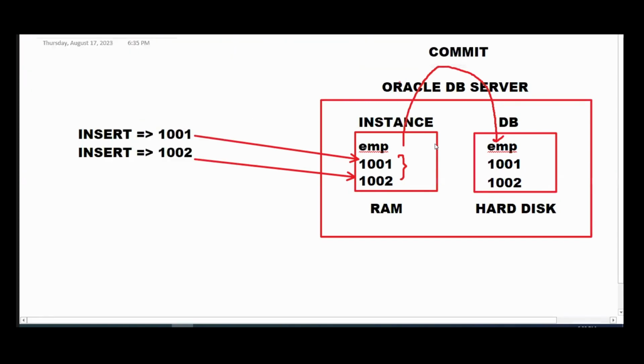So when this commit command is executed, the changes in the instance will be moved to the database. It means the changes in the RAM will be moved to the hard disk. It means it is making the changes permanent, saving the data permanently in the hard disk. So to save the data, which command are we using here? Commit.